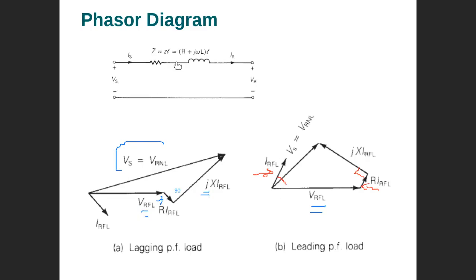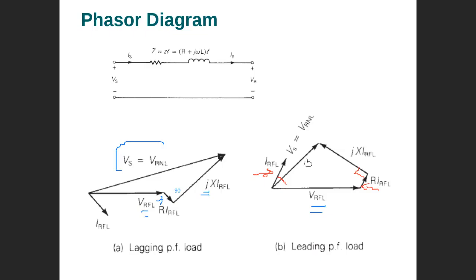How do we know? Because there is no current here. At no load, there is no current flow. So VS equals VR no load. Similar to this one, VS equals VR no load, but this is VR full load. Okay. VS equals VR no load. Why? Because there's no current here. So the voltage you measure on the VS is the same as VR.